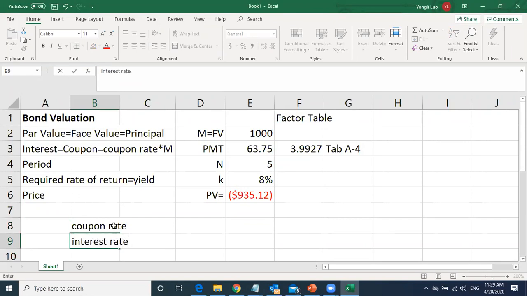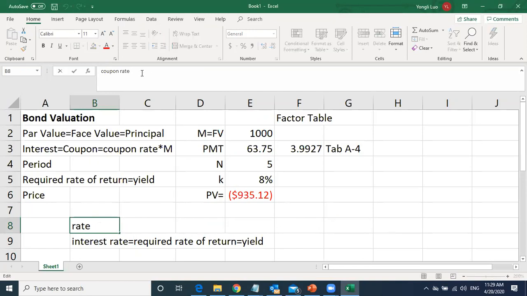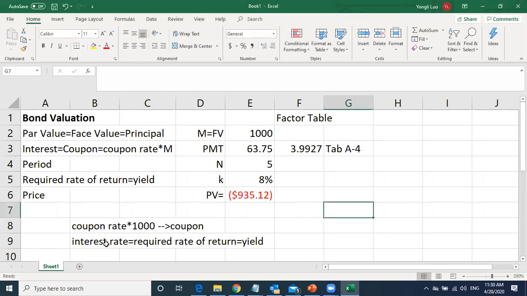The interest rate is also called the required rate of return, or yield. The coupon rate is only used to calculate the payment, so you just times it by 1,000 to get the coupon. Don't confuse these two, coupon rate and interest rate.